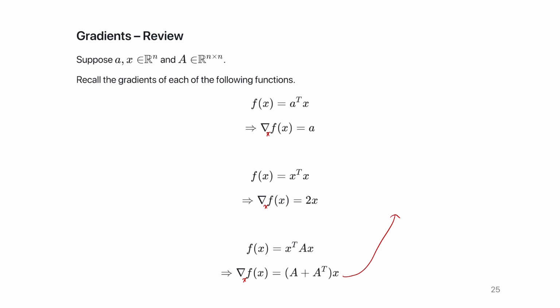In this last case, when A is symmetric, this actually equals 2Ax. And the reason this is important is because when we do the calculus derivation to the normal equations, that comes up, essentially.